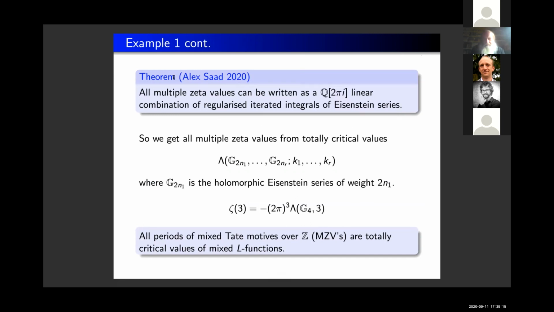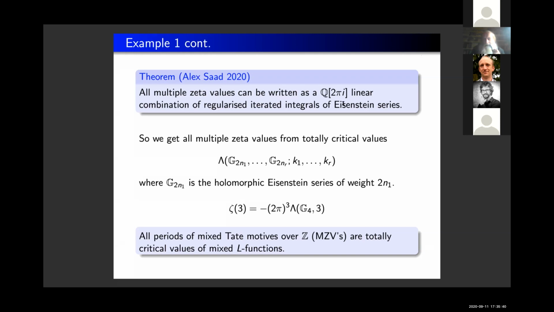Now, a very recent theorem by a PhD student of mine who's just completing at the moment, Alex Saad. It's a very beautiful theorem, and he proved that all multiple zeta values can be expressed as linear combinations of iterated integrals of Eisenstein series. Okay, so this is subtle because there are many iterated integrals of Eisenstein series which are not multiple zeta values at all.